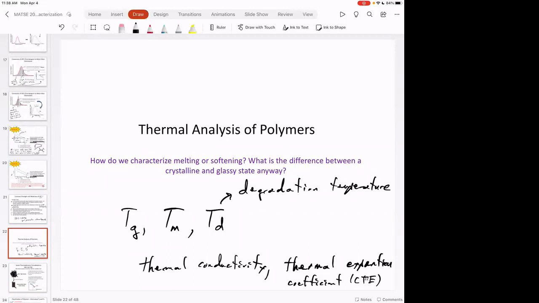When we cross Tg, it's the same exact polymer, assuming there are no side reactions, just in a different physical state. Same with Tm. It's a polymer melt above Tm, or a crystallized polymer if it's semicrystalline below Tm, but it's a phase transition.